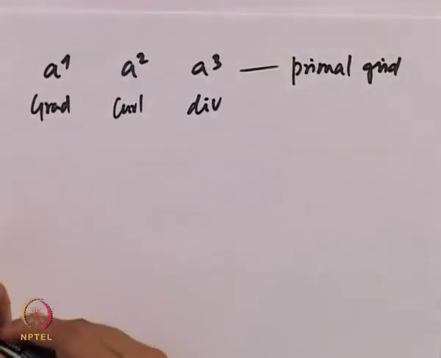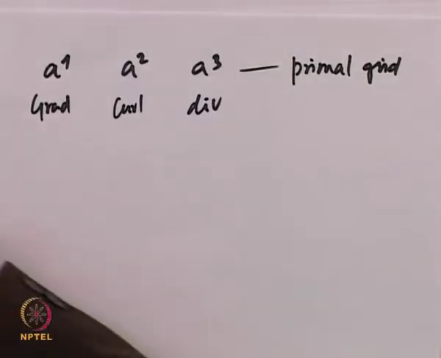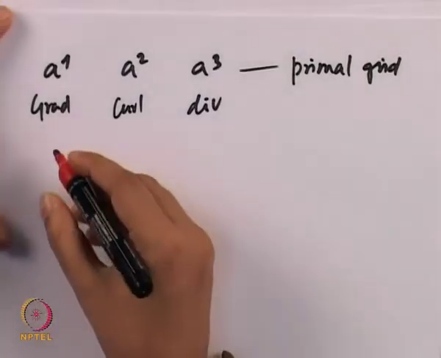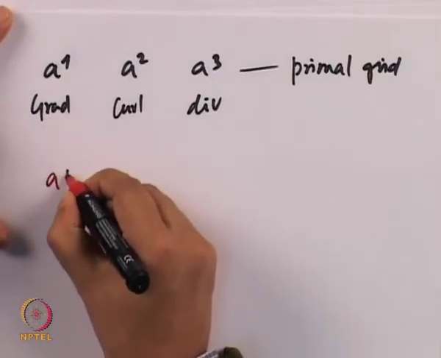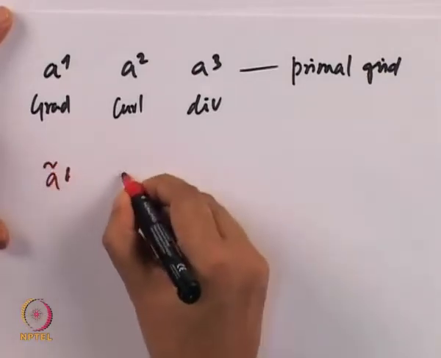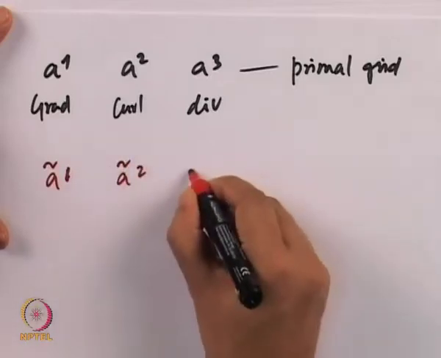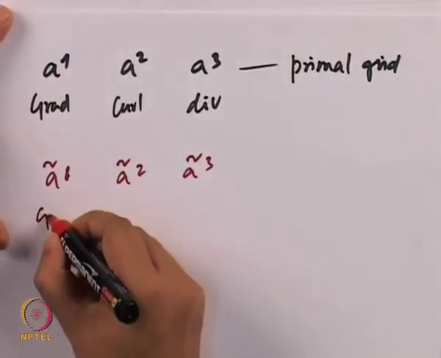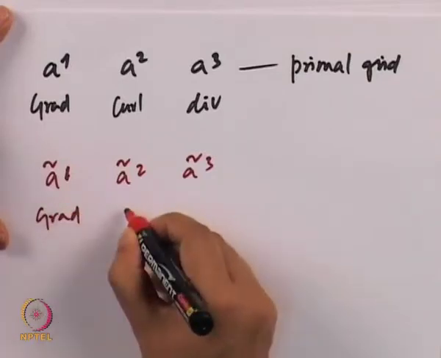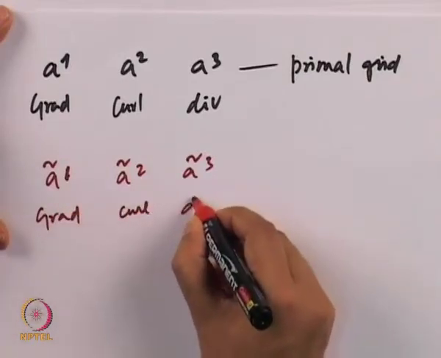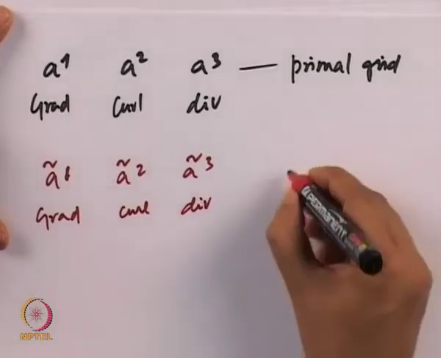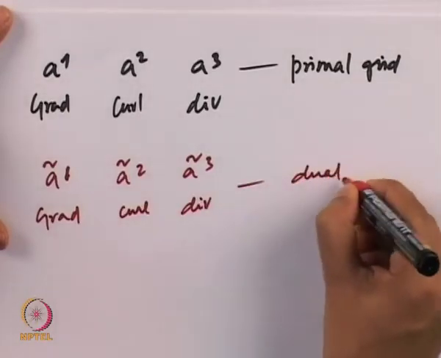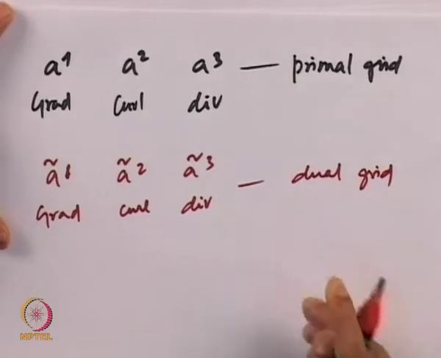These are all in the primal grid, and we will also have the dual grid, which will be A1 tilde, A2 tilde, A3 tilde, and these are the gradient, curl and divergence in the dual grid.